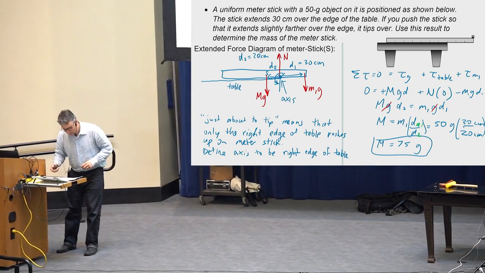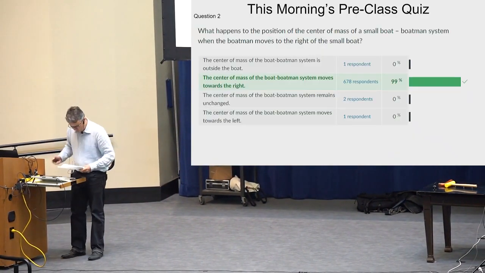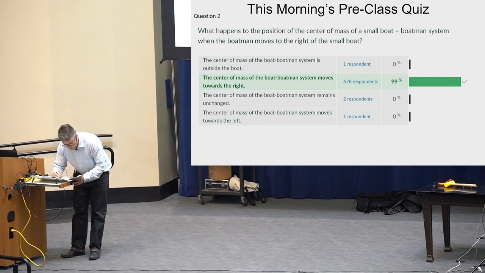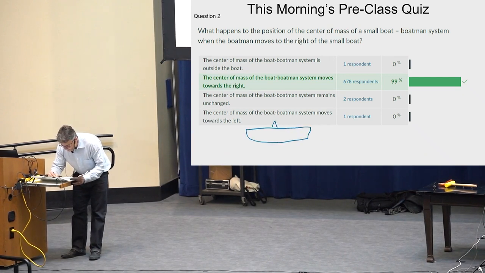All right, this morning's pre-class quiz, let's go over it a little bit. This was the boat thing. You know, 99% is great, but let's just draw the boat and give the idea here. Here's the boatman with some mass, and here's the boat.